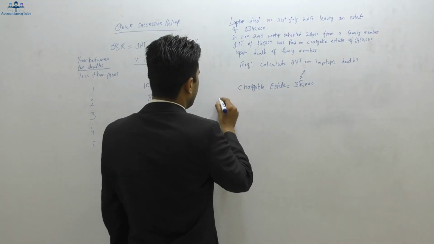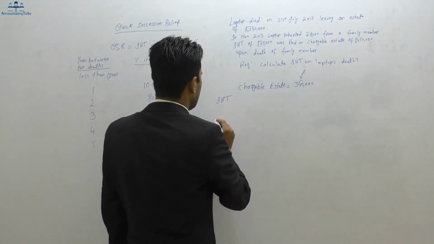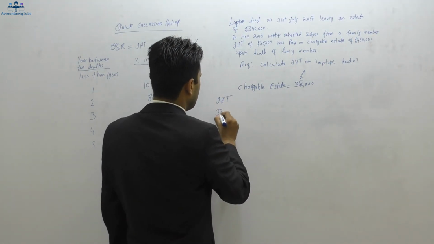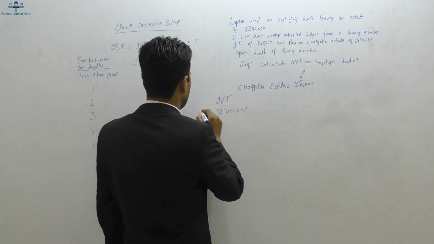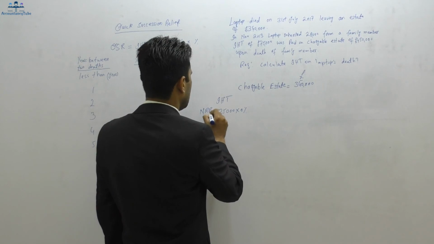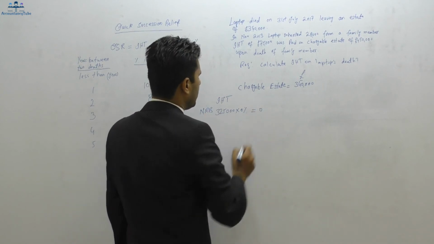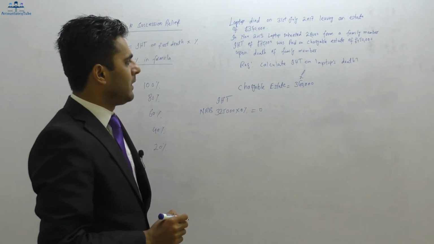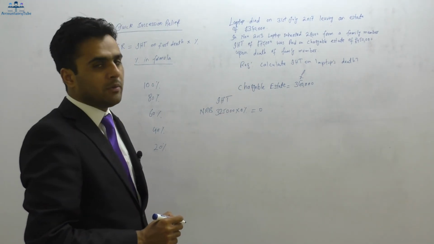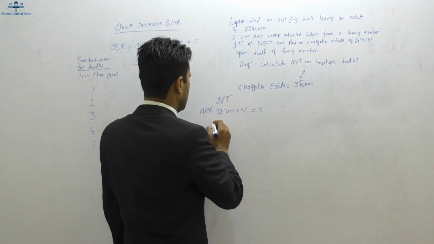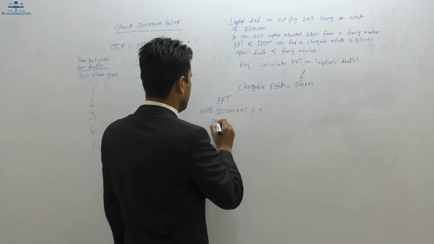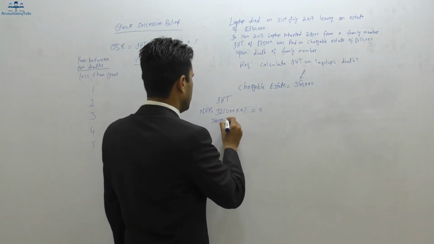Now if we calculate IHT on that, we'll take £325,000, which is the nil rate band, at the rate of 0%. So it will be at the rate of 0% up to £325,000, and the remaining £15,000 will be at the rate of 40% because it is death tax. So we deduct £340,000 less 325.